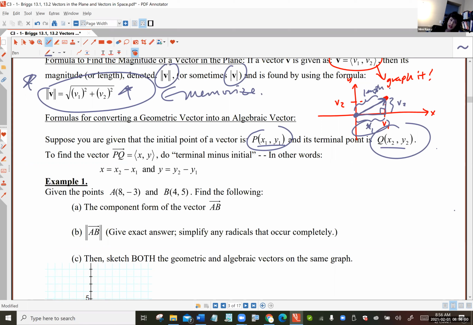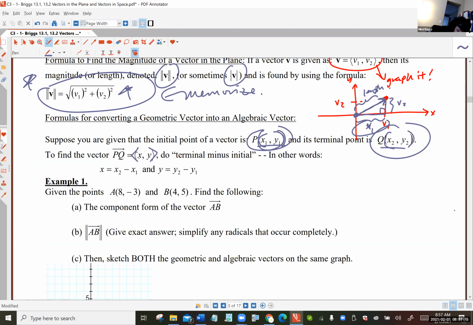Now notice when we denote a point in this course, we're going to use parentheses like an ordered pair. You should be familiar with that from algebra. Ordered pairs denote points and you use parentheses. But when we denote a vector, in order to distinguish it so we don't confuse vectors with points, you want to use these angular brackets.